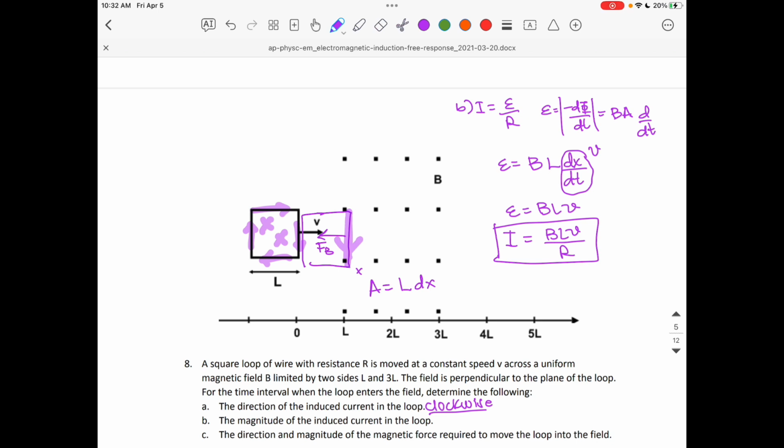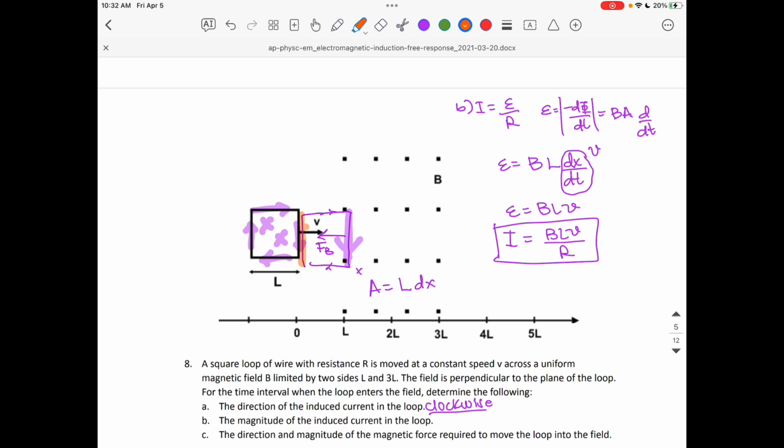Now, the magnetic force, you can do the work for this. If a little bit of the top and bottom are in the field, they're going to go in equal and opposite directions. And so the forces in the y direction cancel out. But this last segment here is not in the field yet. And so it's not going to experience a force unless it's moving in a magnetic field.